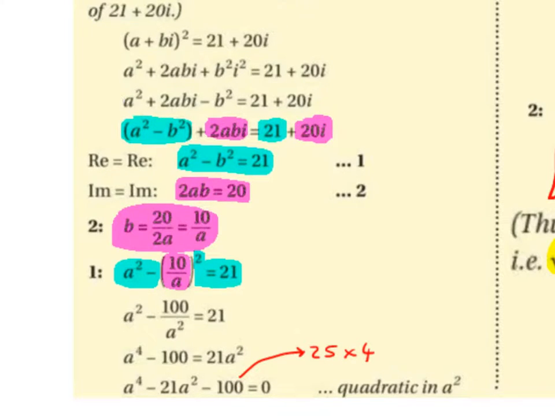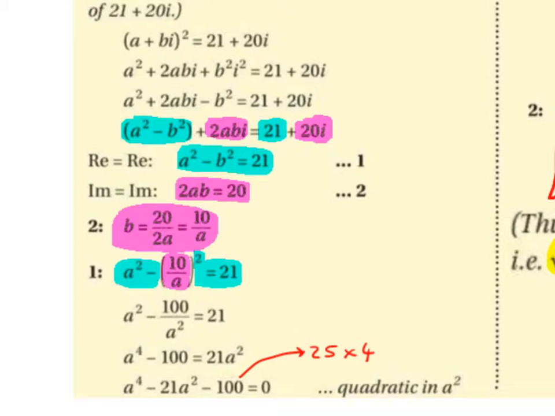Since a² and -b² don't have an i stuck on, they go in brackets, they become the real part. And +2abi is the only term on the left hand side with an i, so that just goes on its own, +2abi. Then we have our equals 21 + 20i.